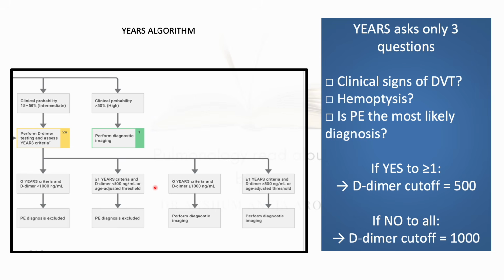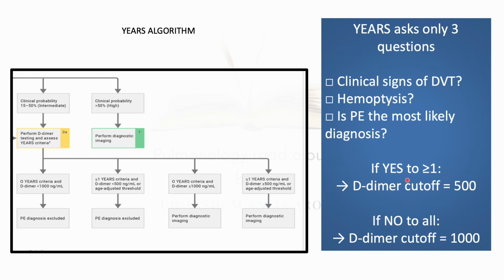would perform diagnostic imaging. So basically, just to simplify, the YEARS criteria again asks you whether there were clinical signs of DVT, hemoptysis, or was PE the most likely diagnosis when you started off. If the answer to any of it is yes, then you use a D dimer cutoff of 500.